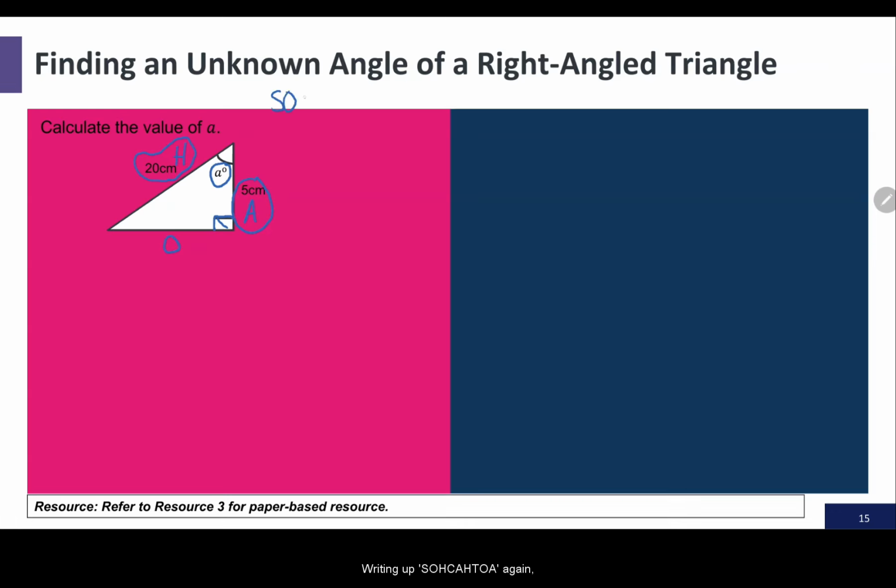Writing up SOHCAHTOA again. We've got A and H. Therefore, we're using cosine or cos. Cos A will be equal to A divided by H.